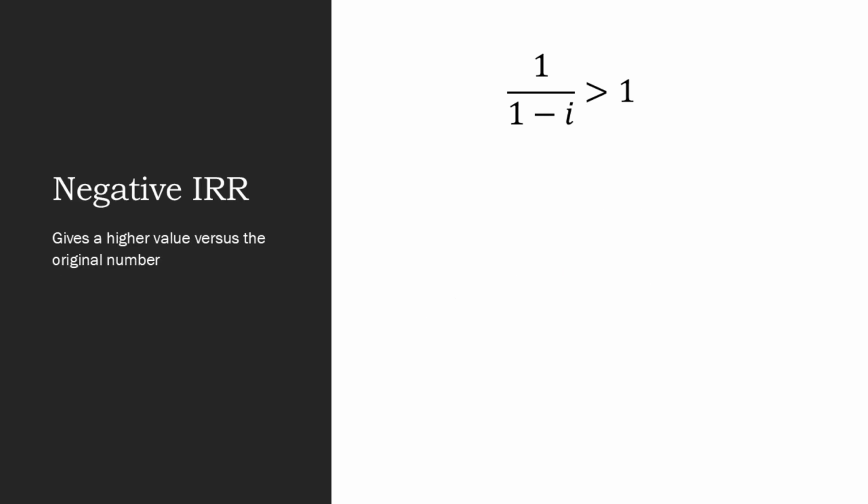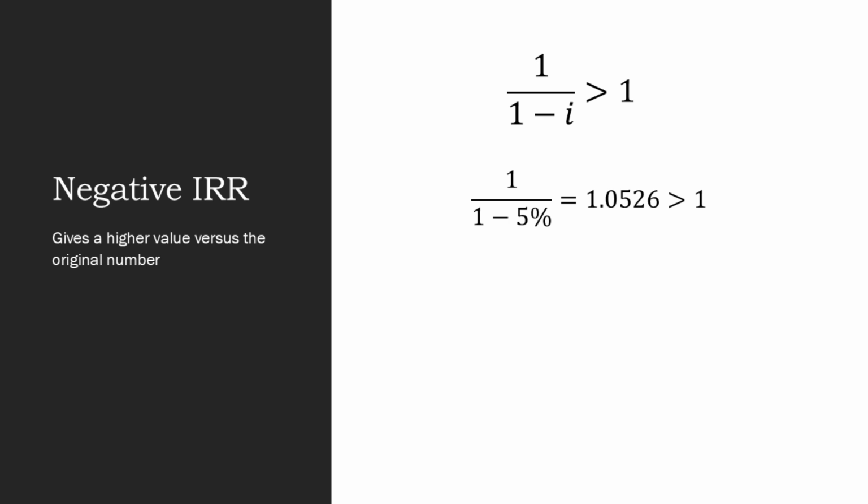But what happens with the negative IRR? Then 1 over 1 minus I, where the denominator is smaller than 1, gives you a number bigger than 1. For example, try 1 over 0.95, which is roughly 1.0526, a number bigger than 1.